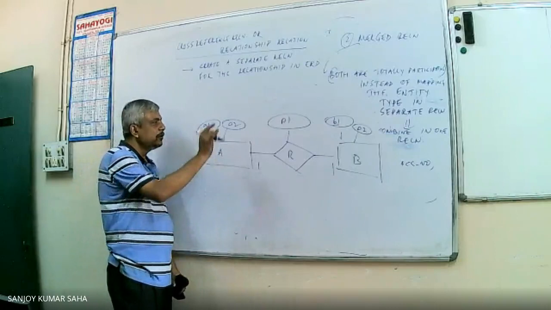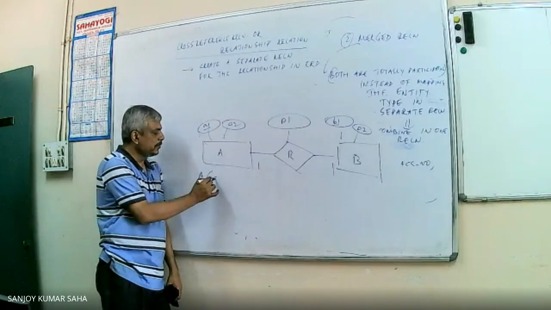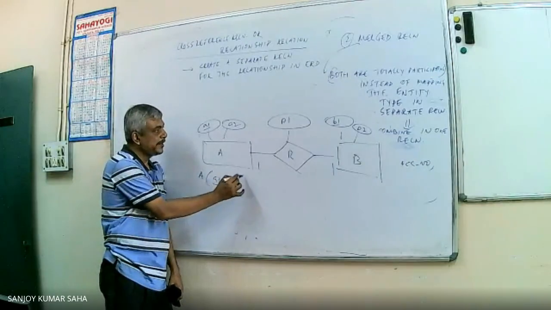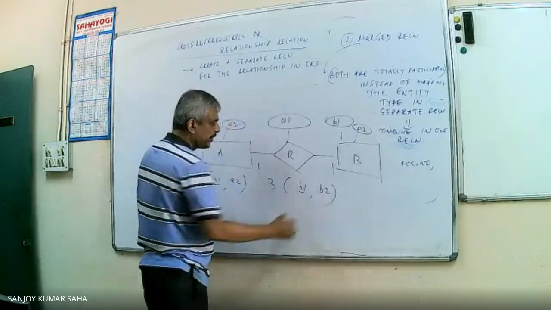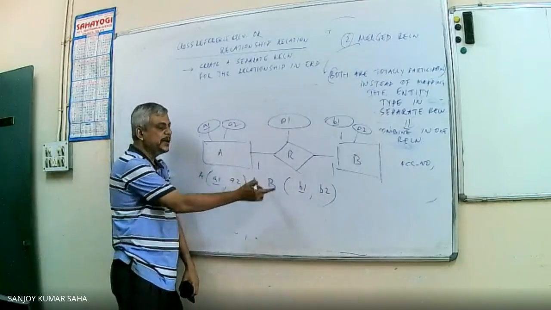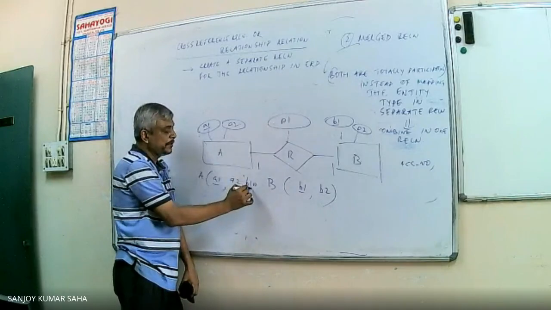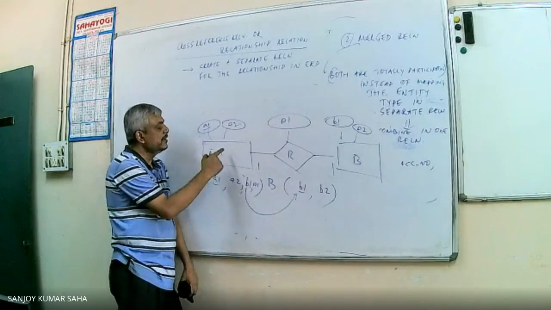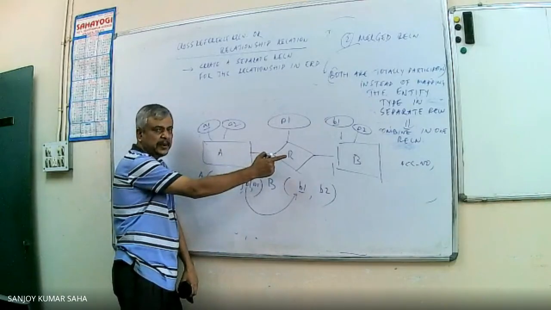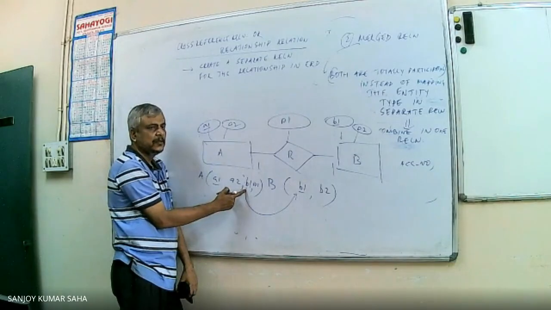Now see, if we go for the foreign key approach, then right now we have A1, A2 like this, another B1, B2 like this. So we'll be copying the primary key of the other. If I copy it here, B1, and also then I will copy this R1 here, and B1 is referring to this. Now, as A is partially participating, it may not have any related instance, so then we have to allow the null value.